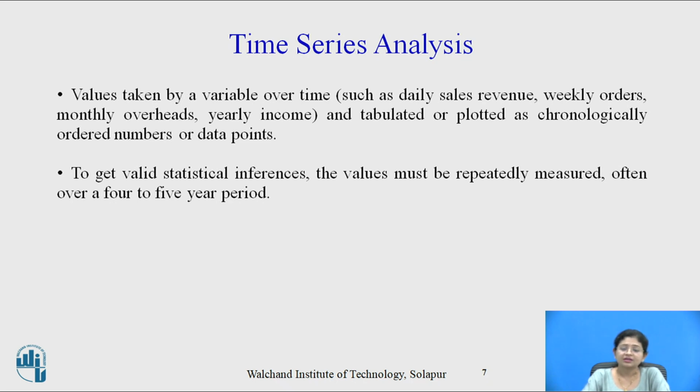The recorded stock prices are tabulated or plotted in chronological order as numbers or data points. To get valid statistical inferences, the values must be repeatedly measured, often over a 4 to 5 year period, and then only do we get the stable pattern.